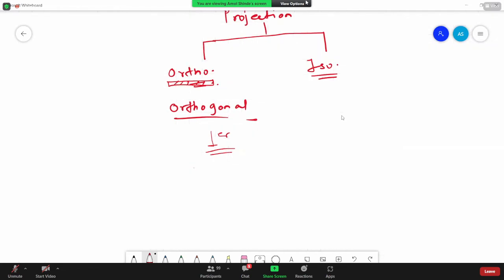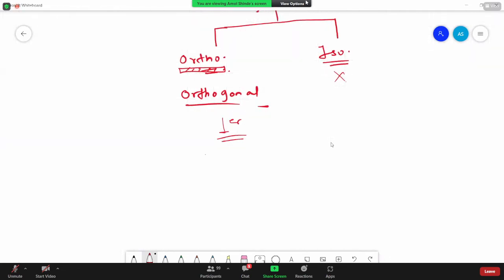Now you just forget about isometric. Isometric हम बाद में देखेंगे. So in orthographic projection, ortho stands for perpendicular. Now the question arises, what is perpendicular with whom? कौन किसके साथ perpendicular?